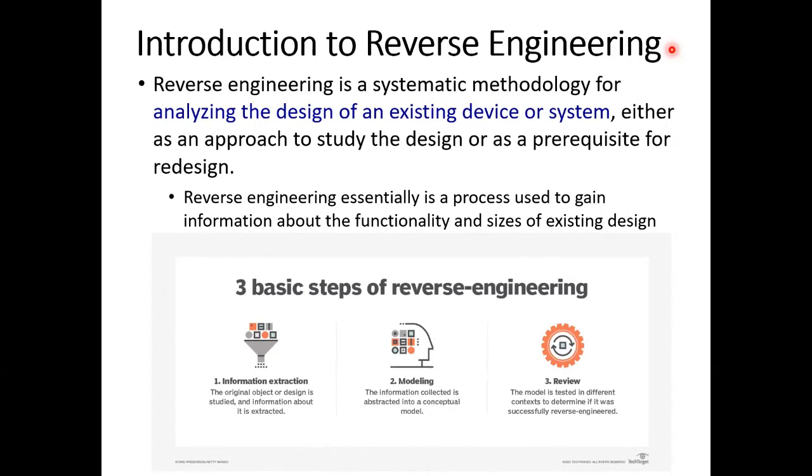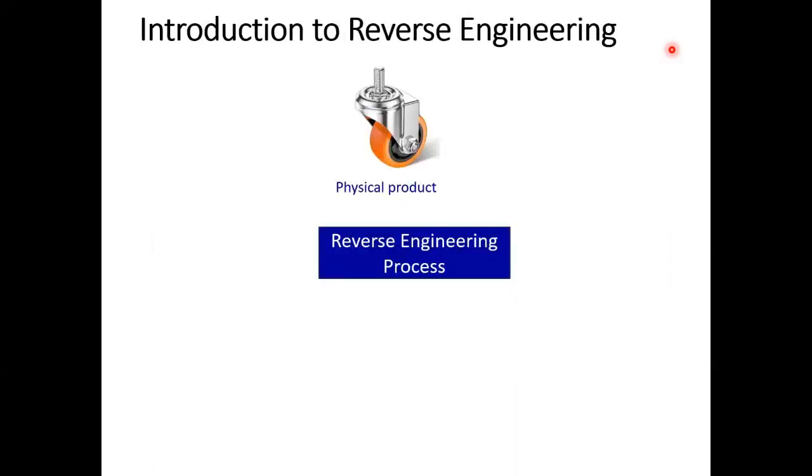Maybe you make the product as it is and do some testing, or on the solid model you do some simulations using engineering analysis software like finite element software, and analyze the performance and see how we could improve the product. There are three broad steps involved in this reverse engineering process: information extraction, modeling, and review.